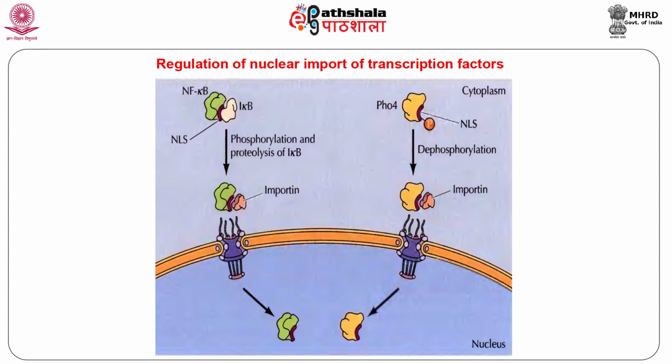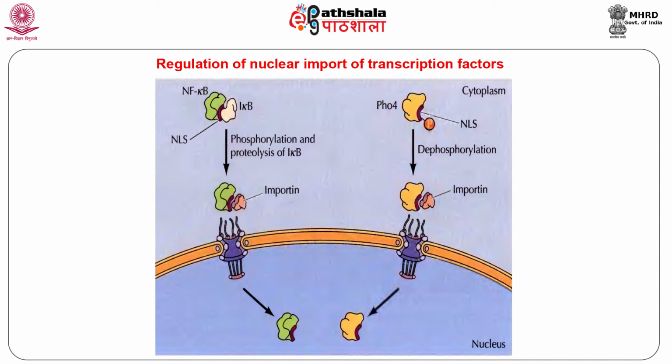If this I-kappa B is phosphorylated and degraded by ubiquitin mediated proteolysis, then the nuclear localization signal is not masked and NF-kappa B can be transported to the nucleus. In the other mechanism, as in yeast transcription factor Pho4, the transcription factor gets phosphorylated at a typical serine residue adjacent to its nuclear localization signal.